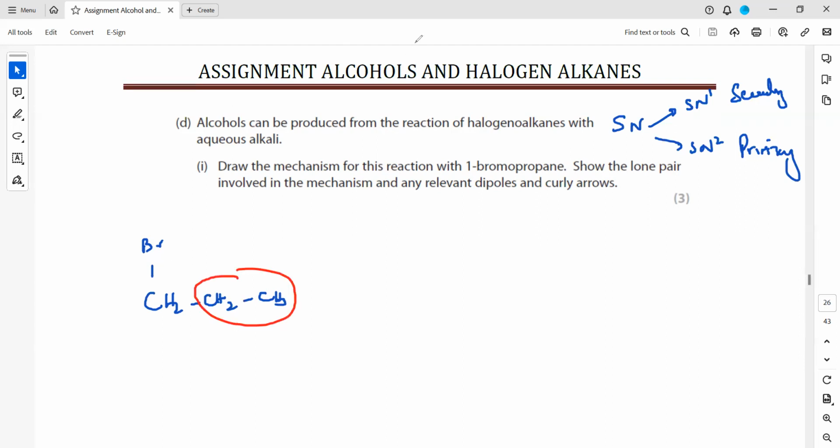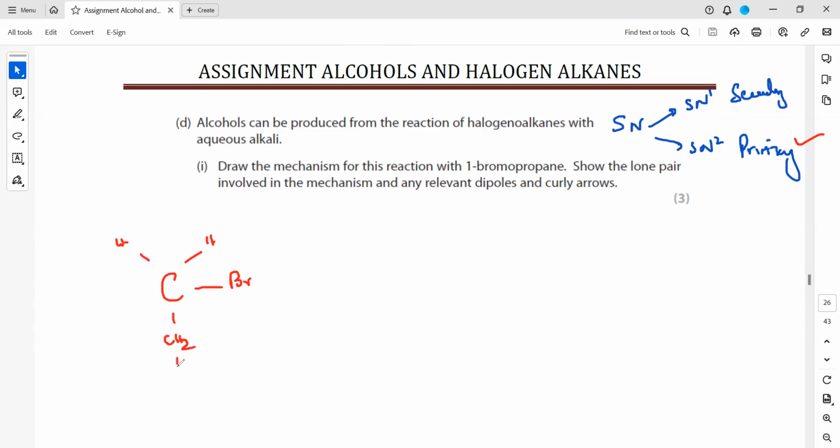So this is primary. So if it's primary, it will be SN2. In SN2, what will happen? The bond breaking and the bond forming will take place at the same time. So the best way to draw this, you have Br. Here it is attached to hydrogen, and then CH2, and then CH3.